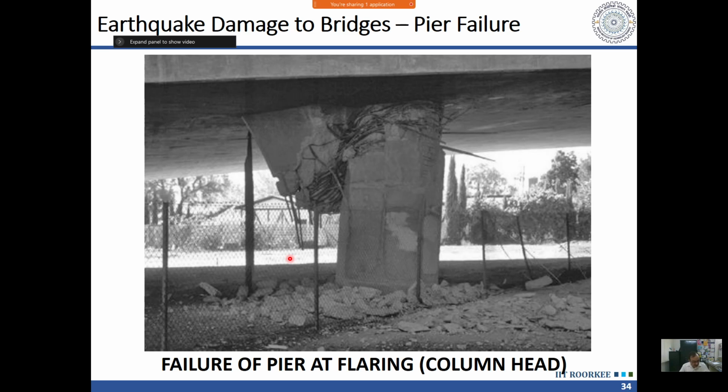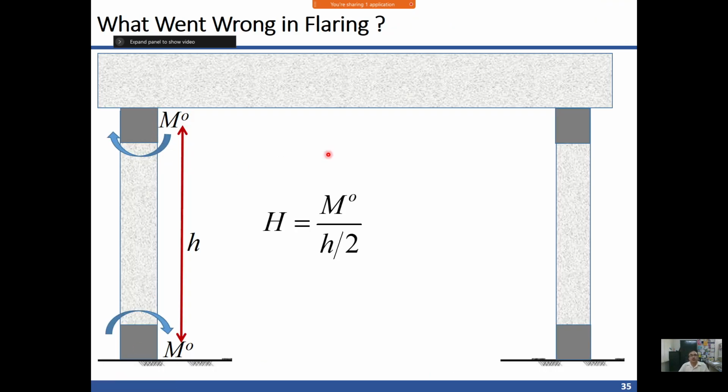And what happens in such a case? Suppose I am showing two piers along the length, and because these are integral, these two piers will act like a frame. We will have yielding at the top and yielding at the bottom, and the shear force which will develop in this column I can get as M naught by H by 2.